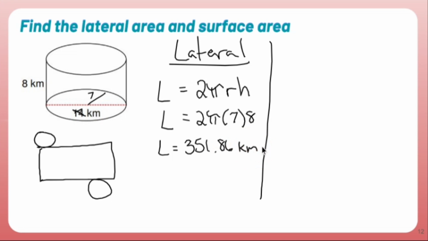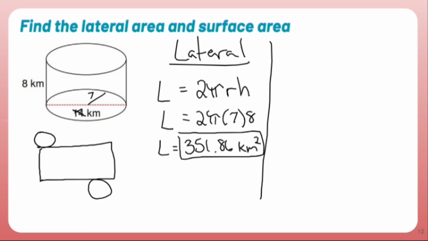This is area, so kilometers squared, that is my lateral area. So if I were to unravel this huge cylinder that is 7 kilometers in radius and 8 kilometers high, a very realistic shape, it would be pretty big.